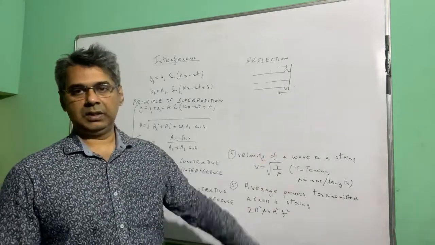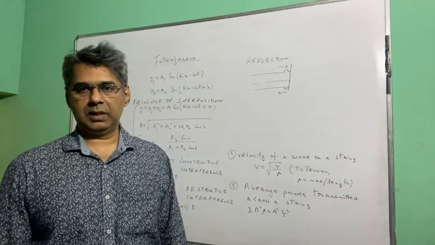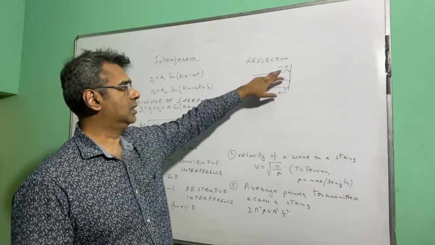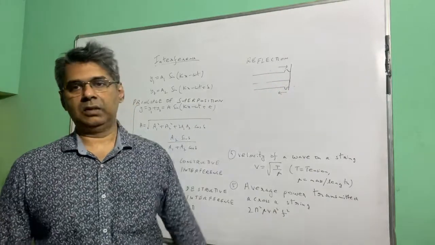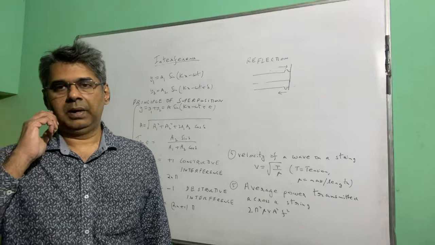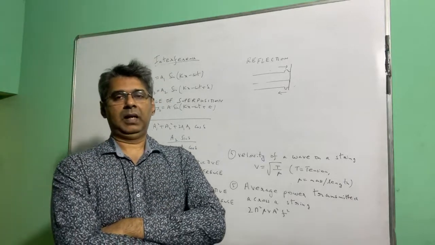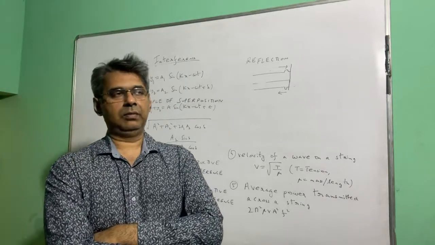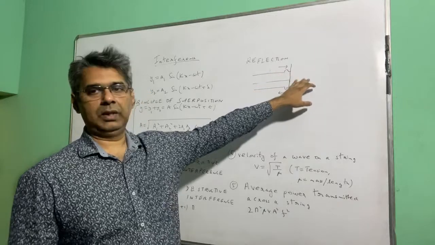Now the explanation given was the reflected pulse will be inverted with respect to the incident pulse. So if you combine these two, this is the incident and this is the reflected, then at the wall you will get zero displacement. So this was the explanation given by the scientists, that in case of reflection, there will be one incident pulse that is going to hit the wall.